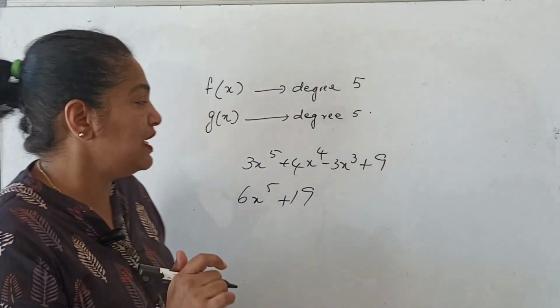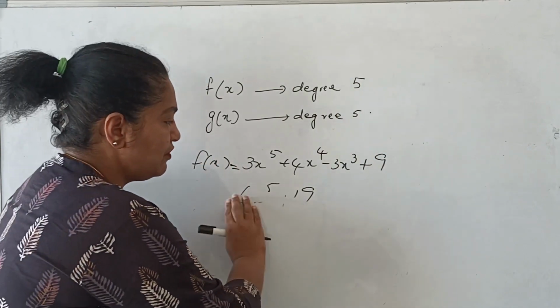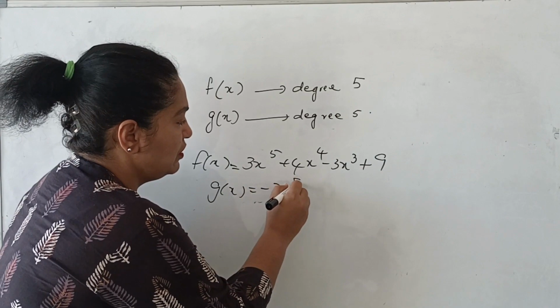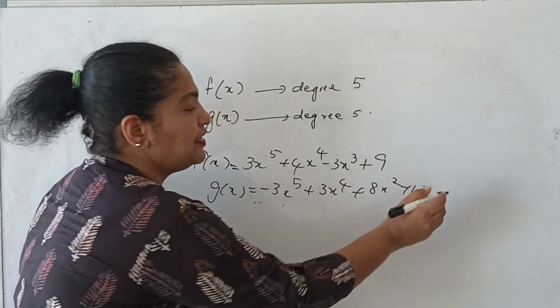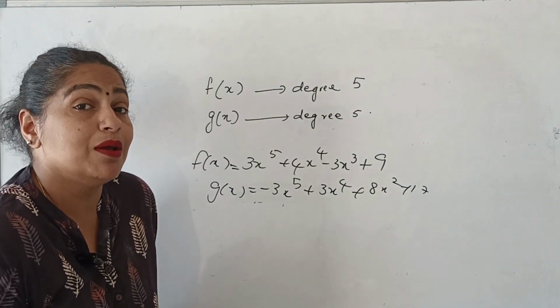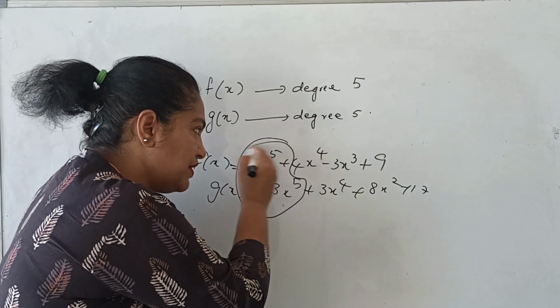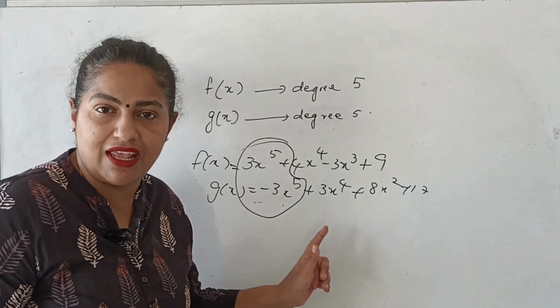Suppose my f(x) is this polynomial and my g(x) is, let it be this. What will happen when I am adding it? When I am adding it, my x raised to 5 term will get cancelled because it is 3x raised to 5 and minus 3x raised to 5.